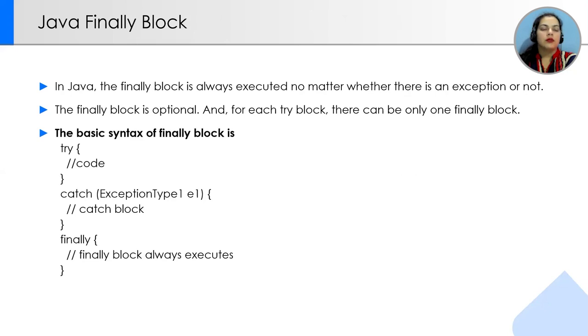So the syntax of finally block is like, firstly we have to write the code in the try block that can create the error or the exception. Then we have to create the object of the exception in the catch block, and then we have to write the finally block. In the finally block, we can mention those statements which are not creating any exception.